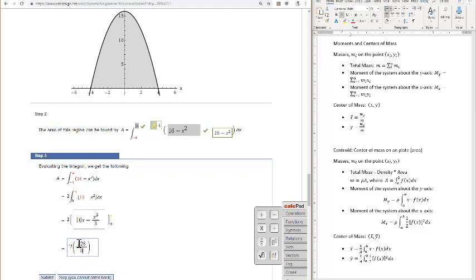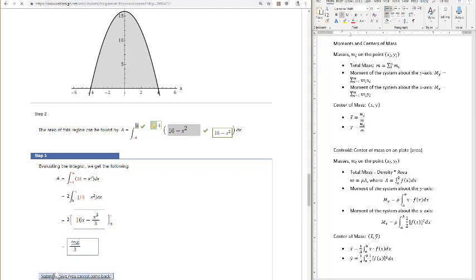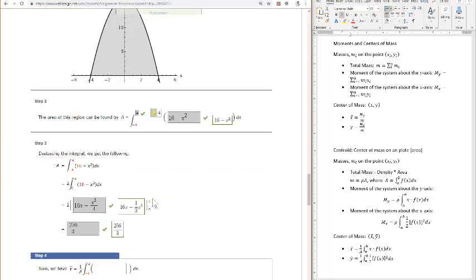And then we'll double this. That's 256 over 3, and I think we can't reduce that anymore. So hopefully that's all good.